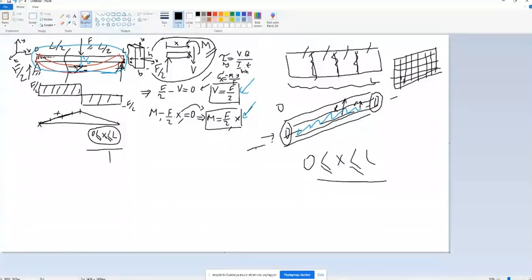So, for example, you will divide it into 4, you will divide it into 10, you will divide it into 100,000, 2 million, but maybe you are not able to calculate the 400 million elements, etc.